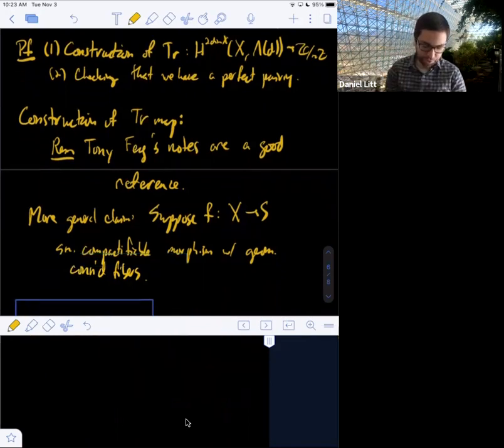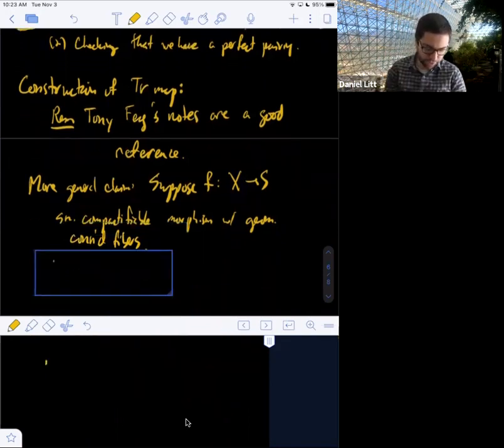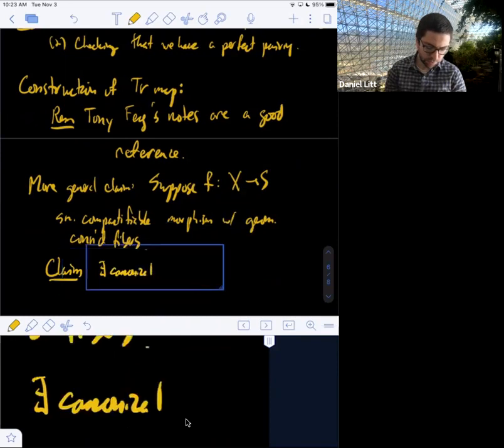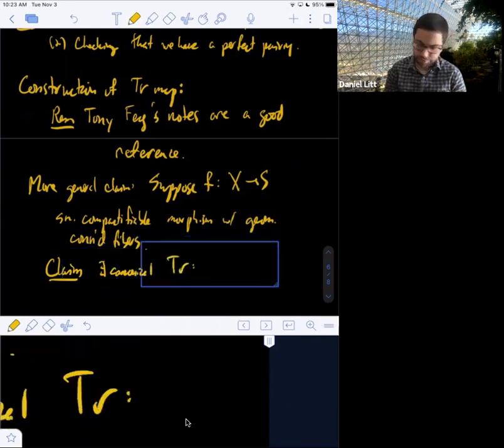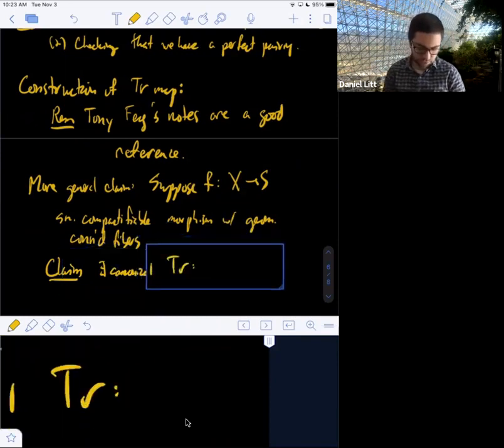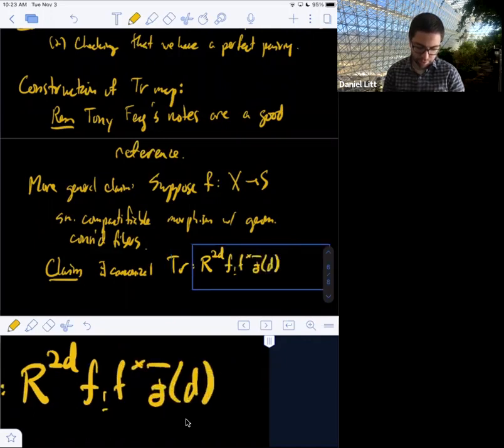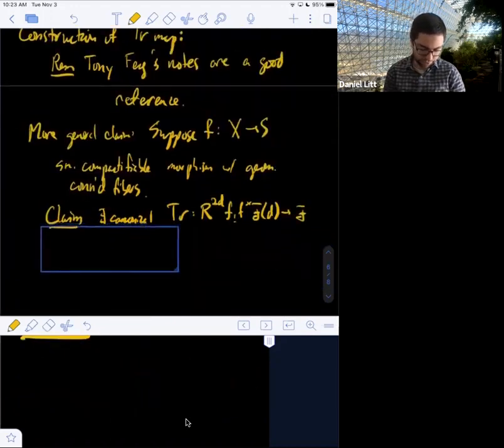So the claim is that there exists a canonical map called trace, which goes from R^{2d} f_! f^* of Lambda twisted by d to Lambda.